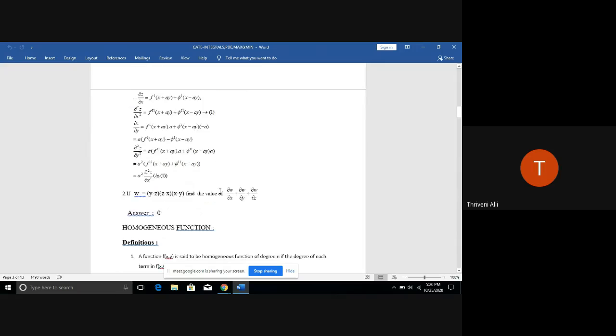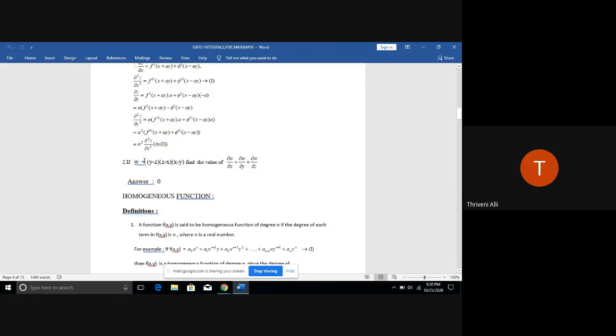Like that, next question is, if w equal to y minus z into z minus x into x minus y, find the value of dou w by dou x plus dou w by dou y plus dou w by dou z. We have to find this.